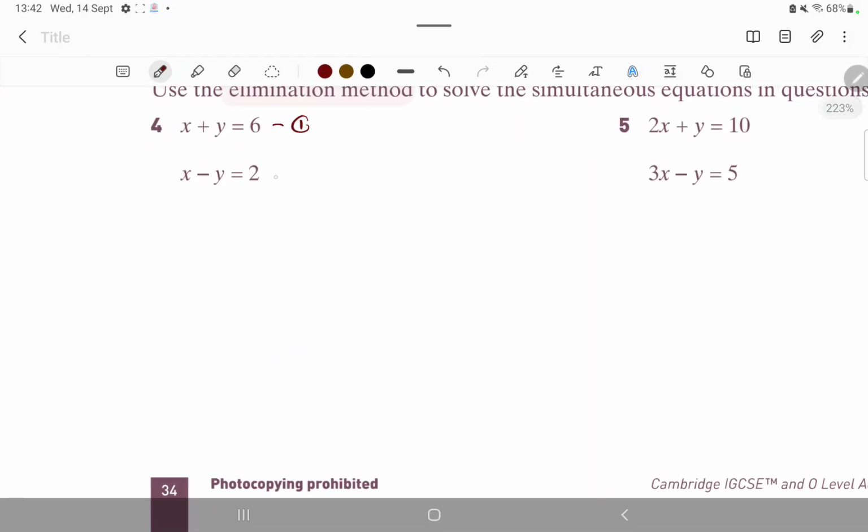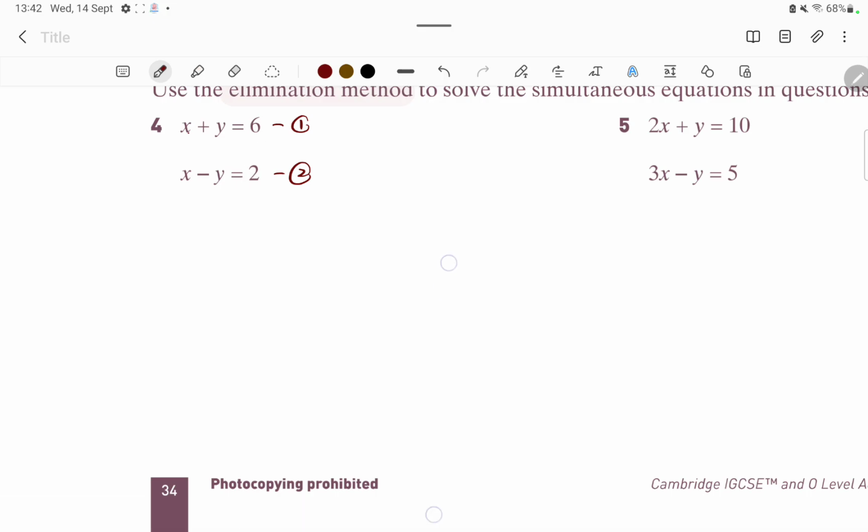This one is first equation, this one is second equation. Both also have x and y. And then 6, 2. So this one you can actually use the first equation to minus the second equation. So we write like that. x plus y equals to 6. And then minus x minus y equals to 2.